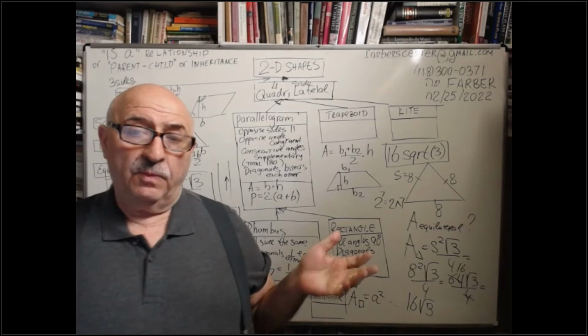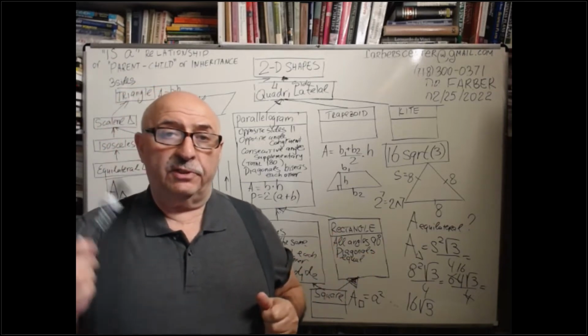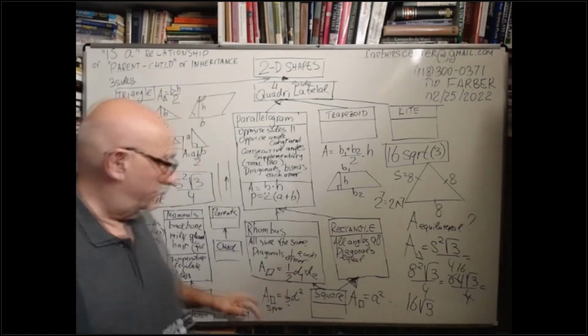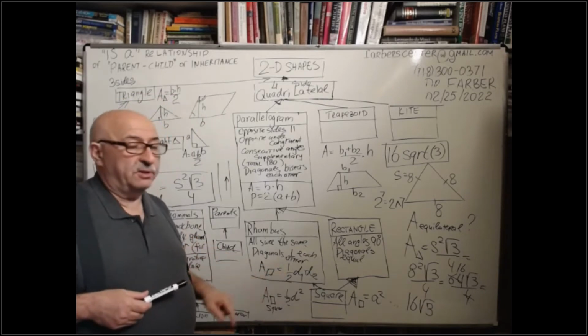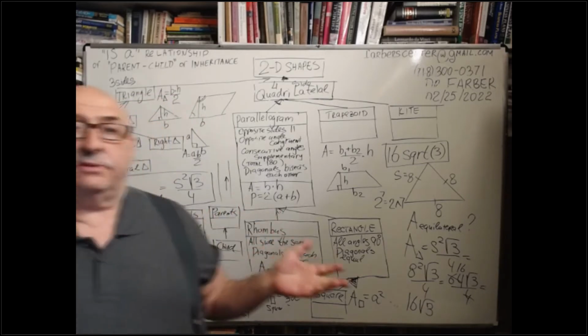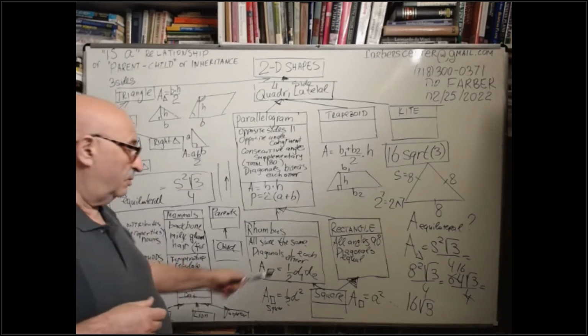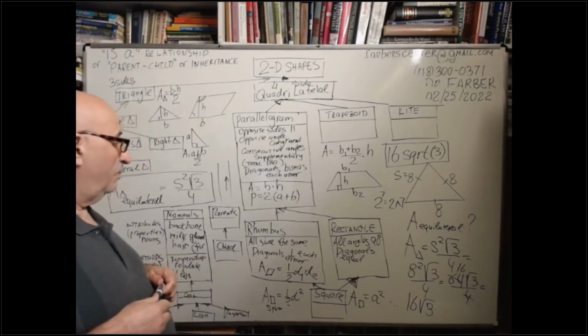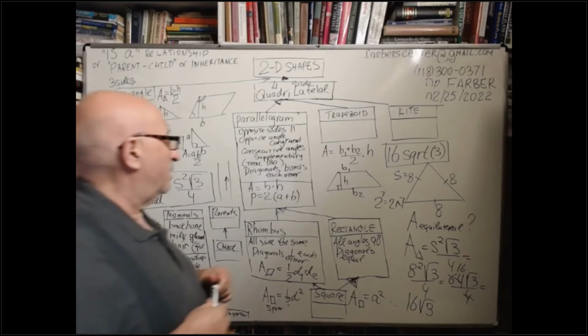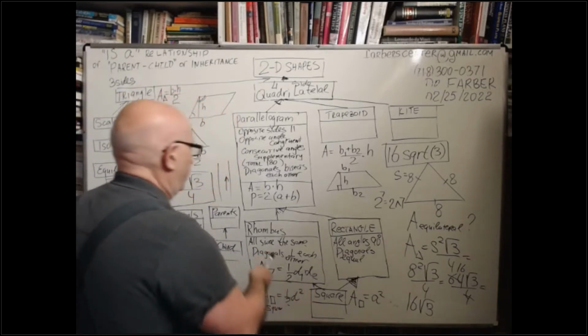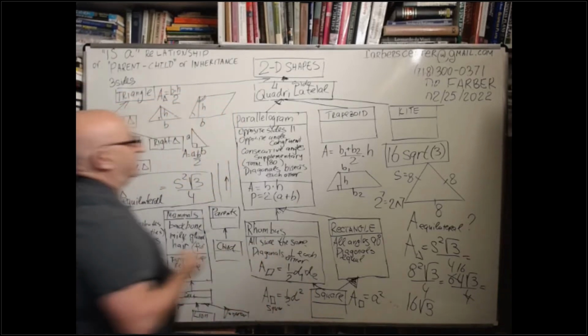Another: the area of a rhombus is half the product of the diagonals. Sometimes in SAT, when you have only diagonals, you're not supposed to use Pythagorean to find the altitude, just use this formula. So, a rhombus is a parallelogram where all sides are the same.